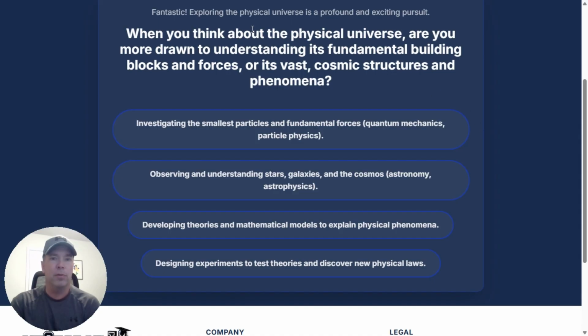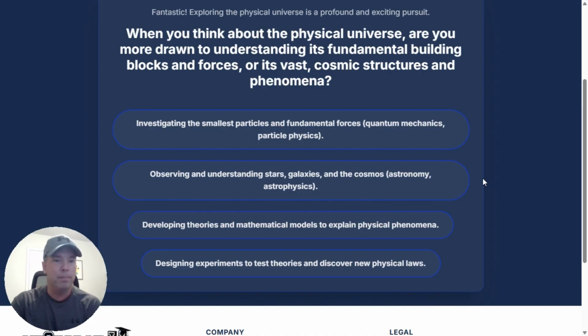All right, when you think about the physical universe, are you drawn more to understanding its fundamental building blocks and forces, or its vast cosmic structures and phenomena? All right. Let's see. Investigating the smallest particles and fundamental forces, quantum mechanics. Observing and understanding stars, galaxies, and cosmos.